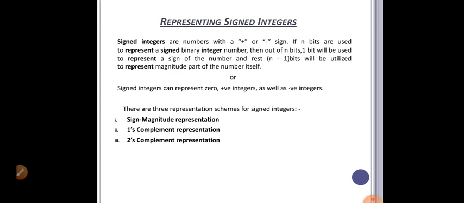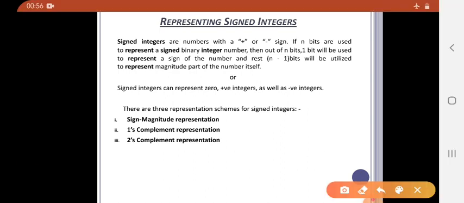Let us understand signed integers with the 3 representation schemes for signed integers. The first one is sign magnitude representation. The second one is 1's complement, and the last one is 2's complement.